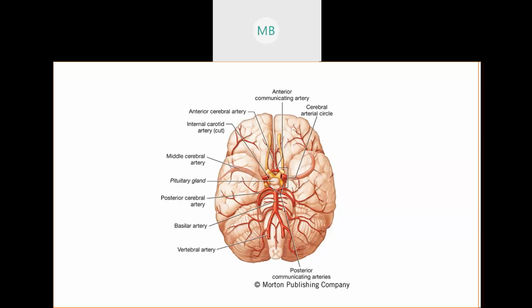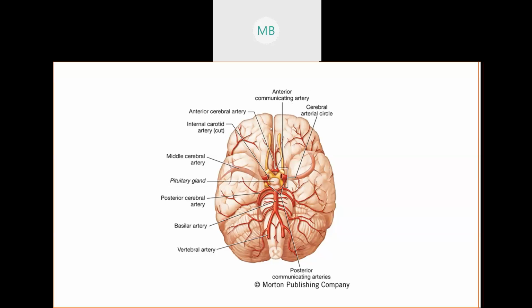You have the basilar artery that goes into the bottom end of the Circle of Willis. And then you have these two small arteries that form a circle around the pituitary. There's a left and a right one. These are called your posterior communicating arteries, because remember, we are looking at the bottom side of the brain, as though the person is lying on their back.